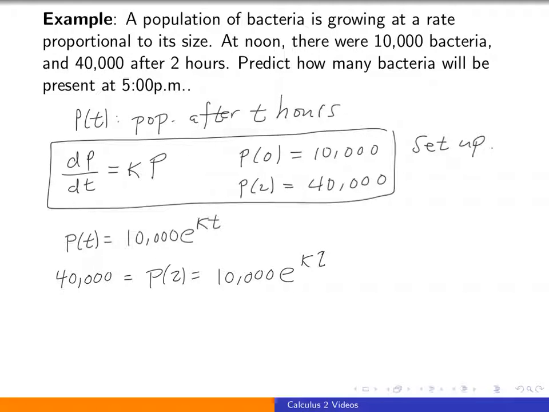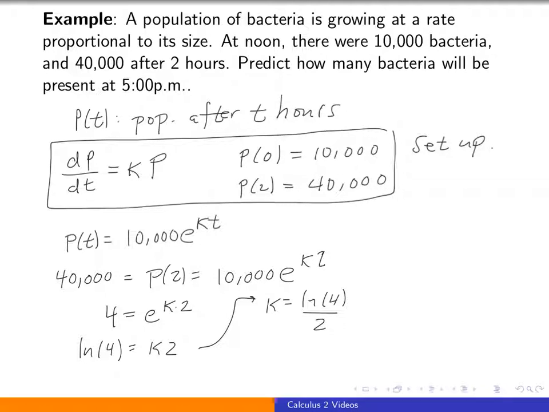So if we go ahead and divide both sides by 10,000, 40,000 over 10,000 is 4, and that equals e to the k times 2. So the natural log of 4 is 2k, which tells us k is equal to the natural log of 4 over 2, which you can check is a positive quantity, so we really do have exponential growth.